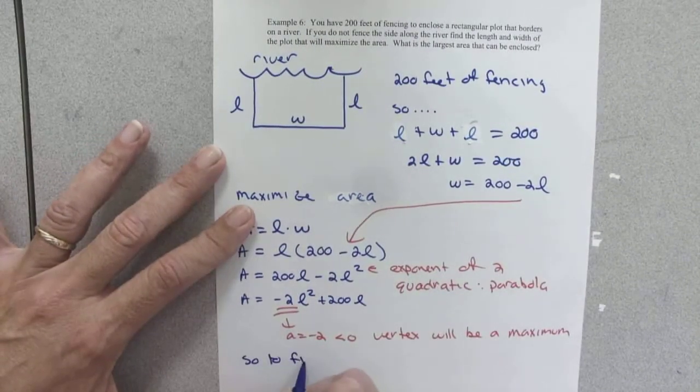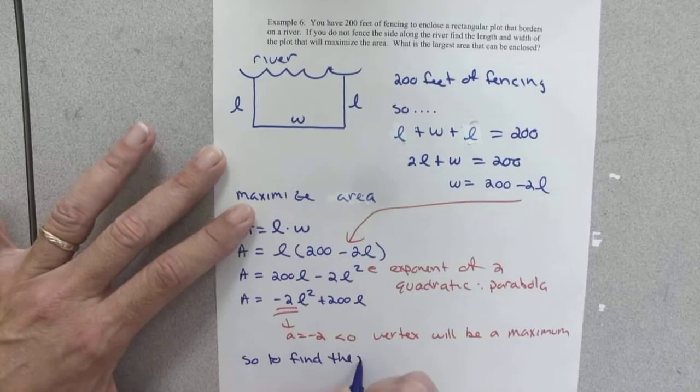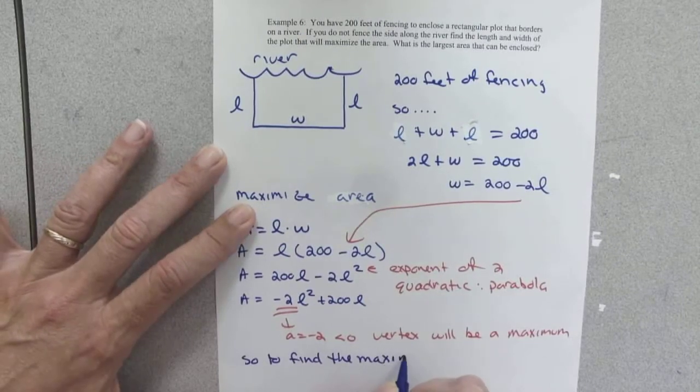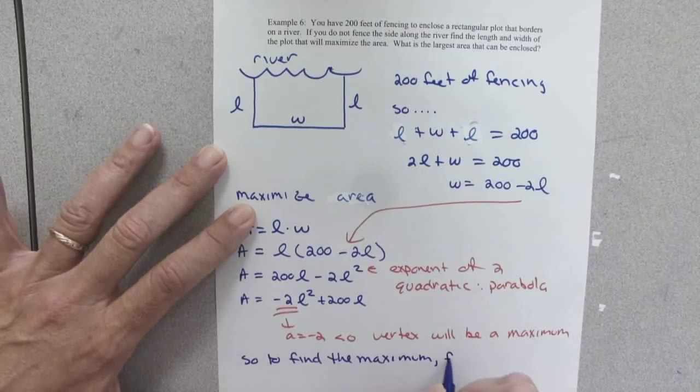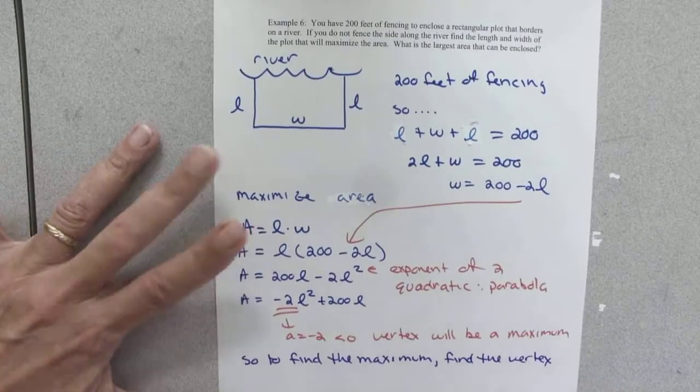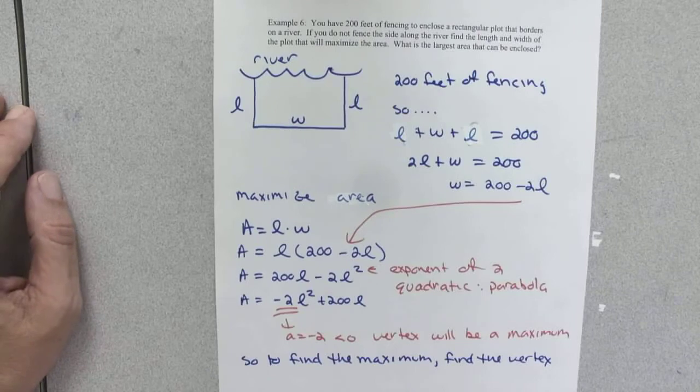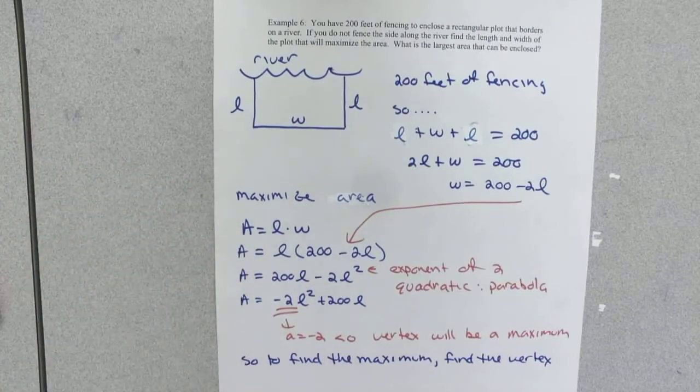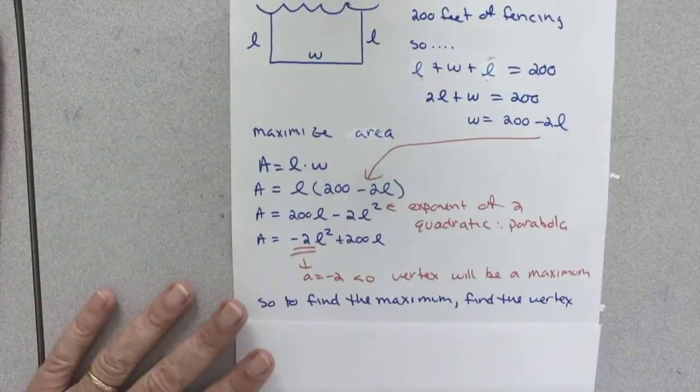So to find the maximum, find the vertex. And that's going to give me the answer to my problem. Find that vertex. So that's what we're going to do.